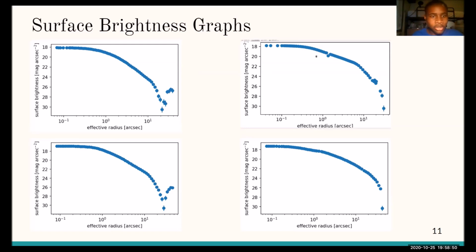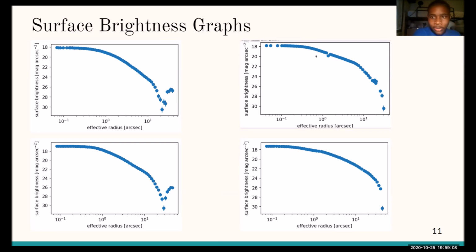On the right here, you can see two galaxies that have the exponential profile, where the surface brightness drops off a lot going from the center to the outskirts.